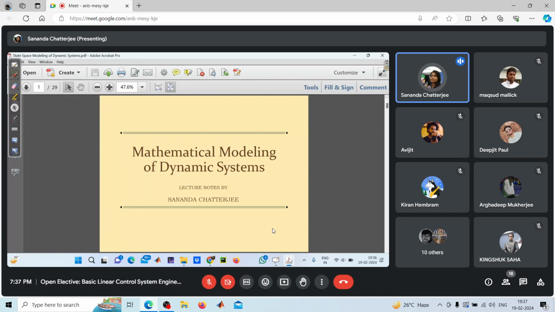I'll assume that all of you have attended that class on modeling of systems using the transfer function model, so that you can compare these two methods. Okay, so let's see.